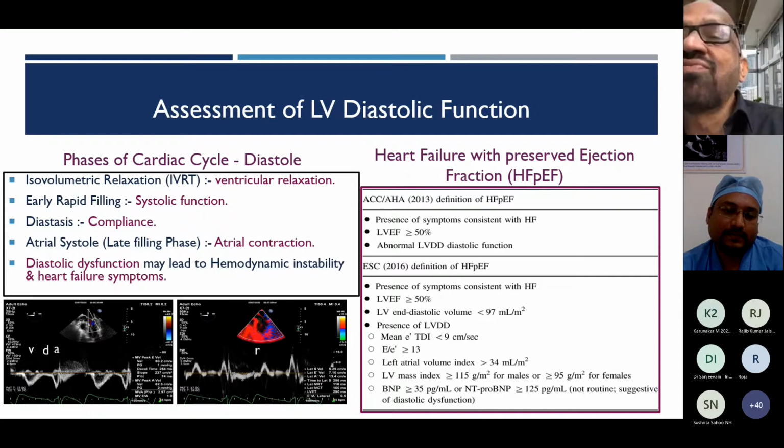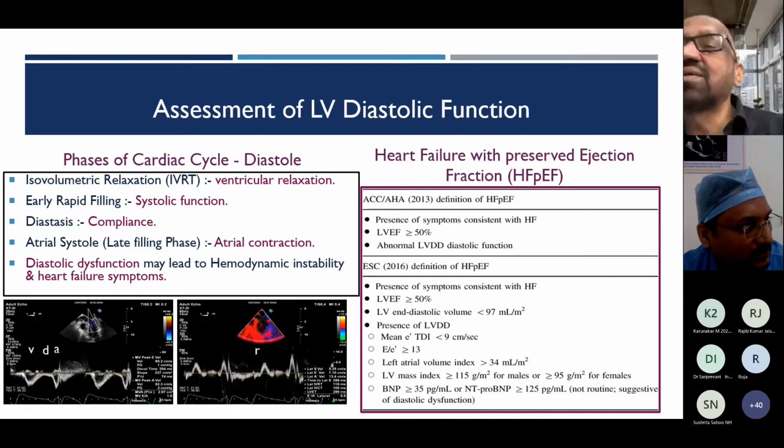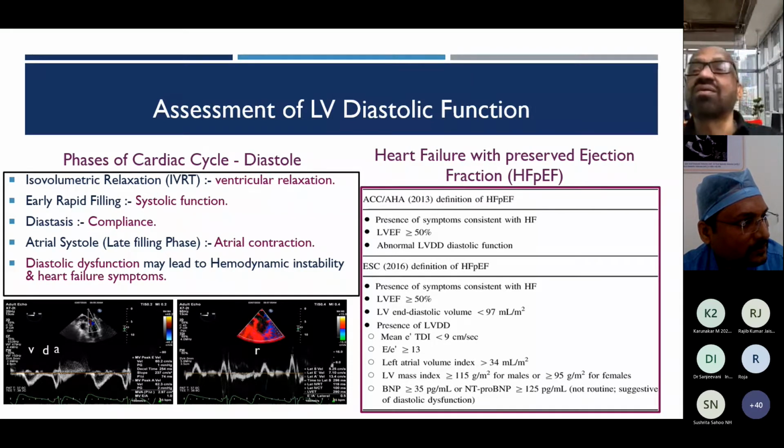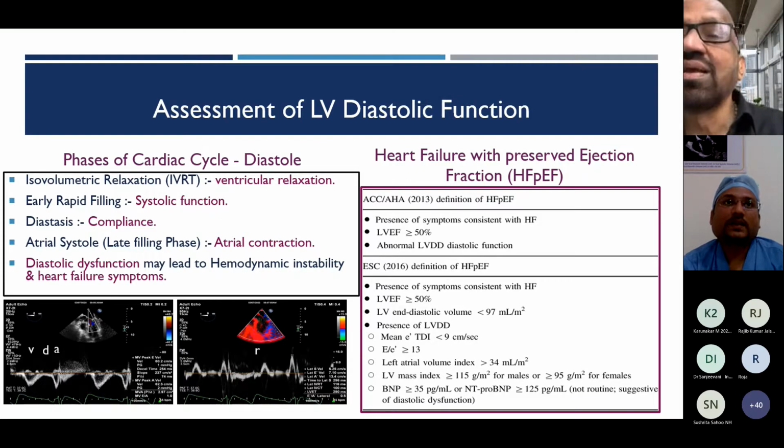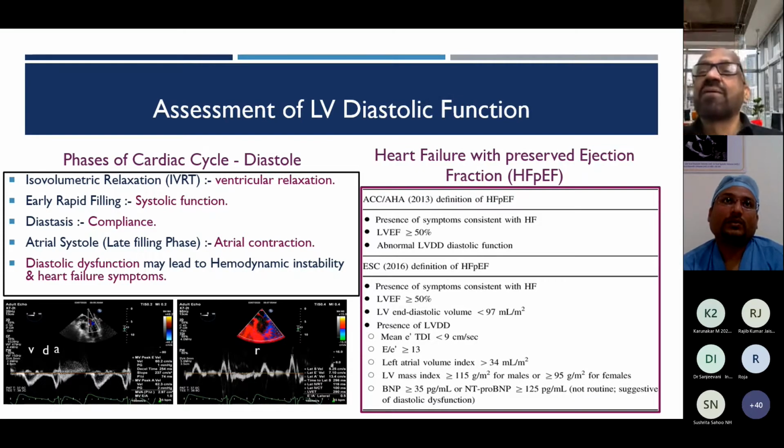Next question: is LA volume assessment used to decide if MR needs to be addressed in patients with CAD with moderate ischemic MR? Yes, sir. LA volume can be a parameter to decide about the ischemic MR operability or whether to address or not.